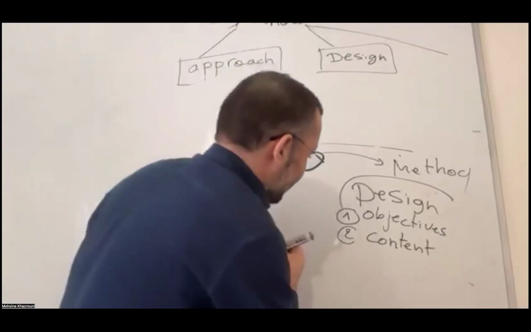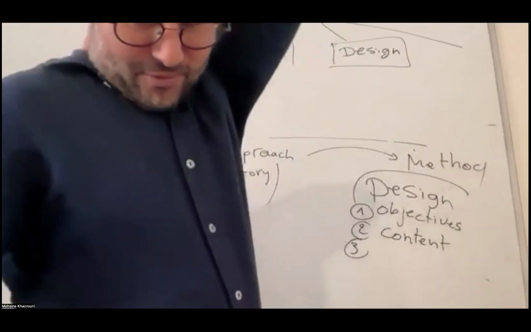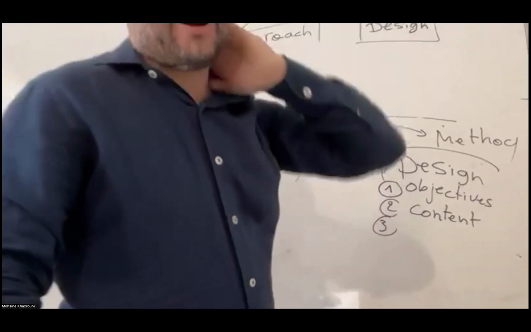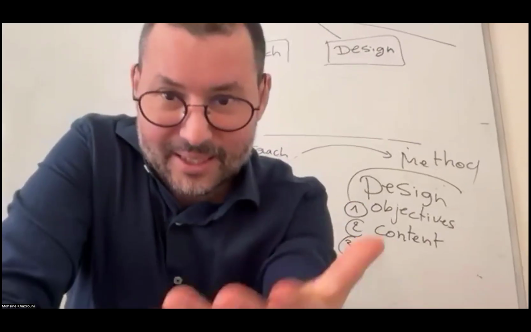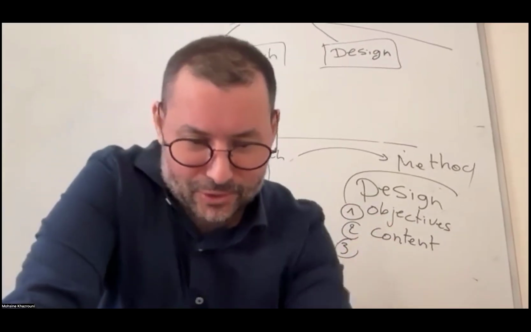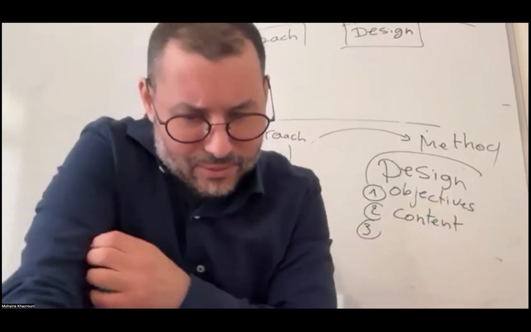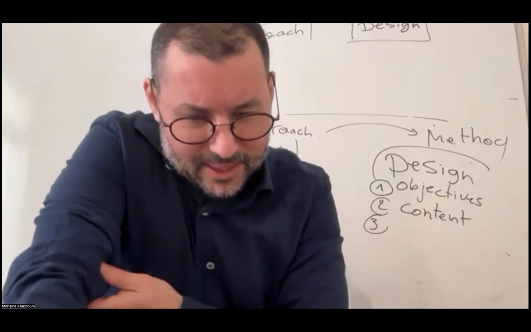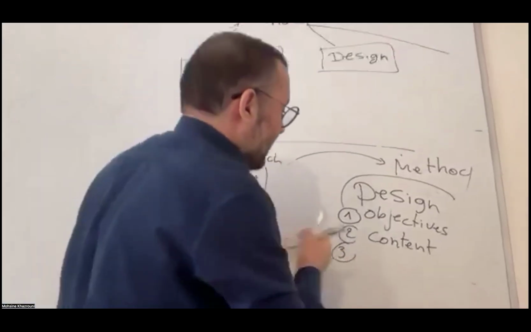Number 3. Continue. Learning activities. In other words, the tasks, the tasks in the classroom. Because teachers are doing different tasks and activities. What do you do in the classroom? All right, so learning tasks and activities.